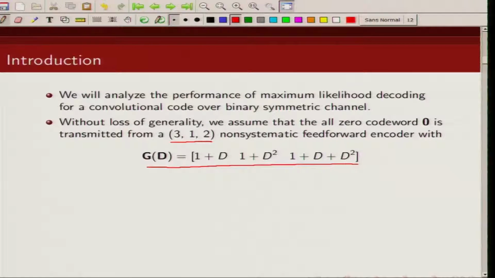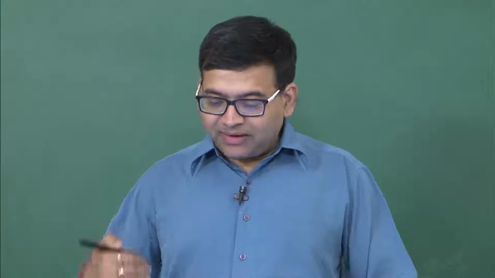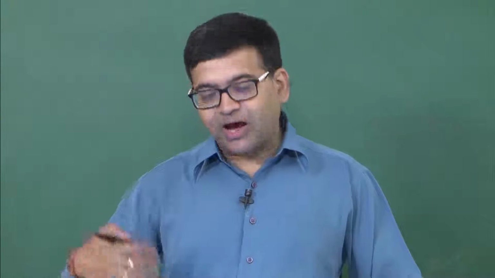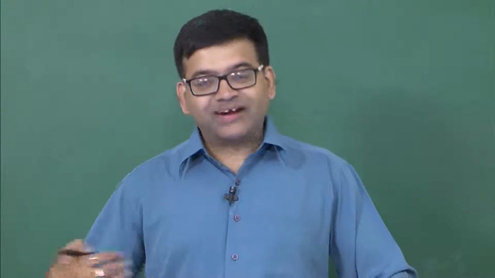Without loss of generality, we will assume that all 0 code word was transmitted over a binary symmetric channel, and we received the bits. We applied maximum likelihood decoding, Viterbi decoding, and now we are interested to characterize the performance of the Viterbi decoding algorithm.